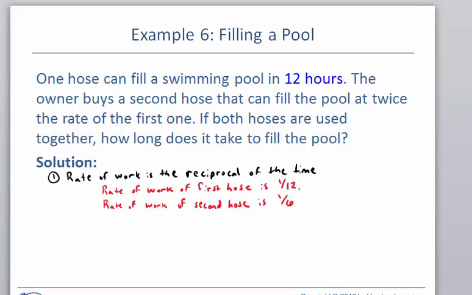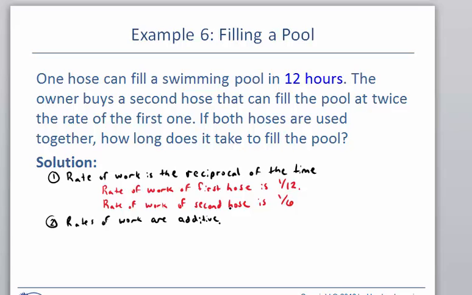Now, the second thing that we need to be aware of in this type of problem is that the rates of work are additive. This means that when two things are working together on the same task, like two hoses filling the same pool, they will have a combined rate of work that is the sum of their individual rates.